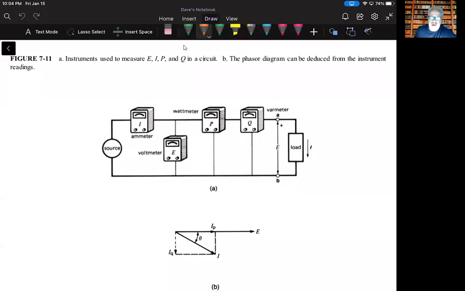Looking at figure 7.11, we've got a lot of meters. Here's our source, and here's an amp meter, and this amp meter is measuring all of the current. And then here is a voltmeter, connected such that it can read all the voltage that the load is seeing.